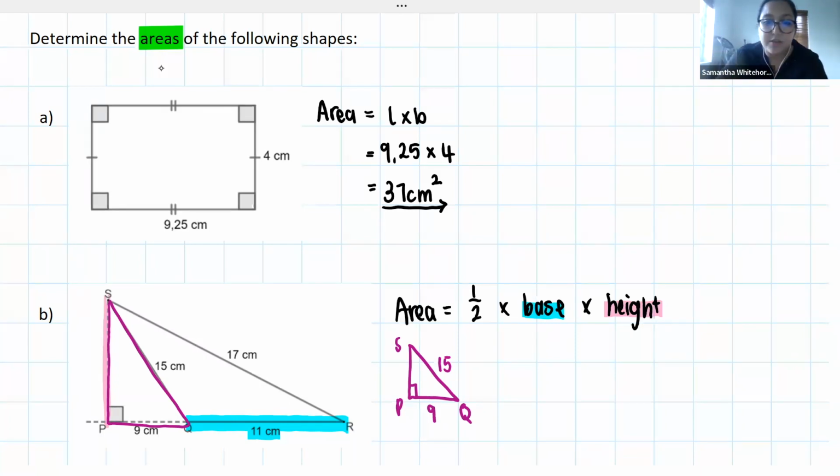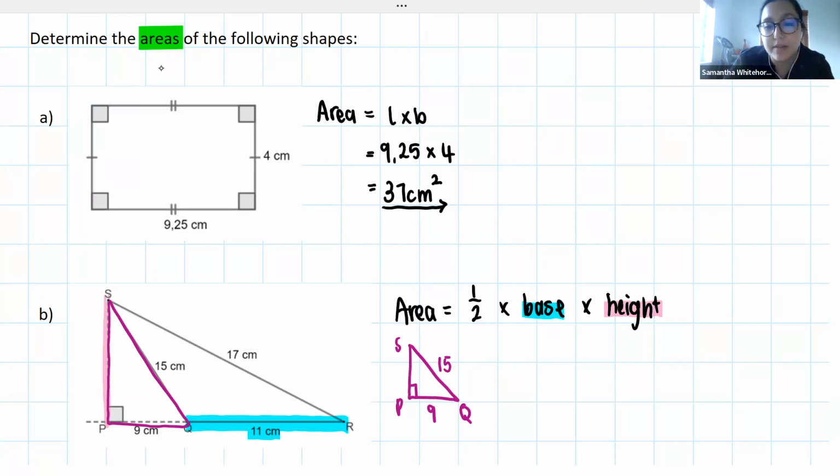The dotted length PQ is going to now help us find our height of our triangle. So we can now use Pythagoras to work out the height. And guys, in obtuse angled triangles like this is often what we expect you to do.